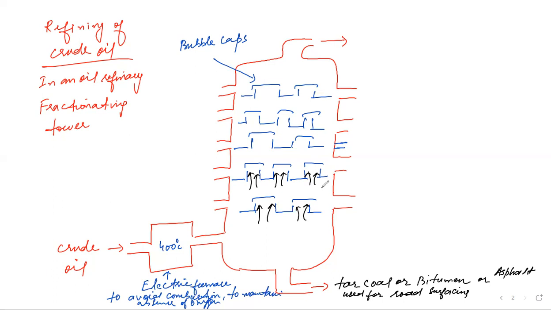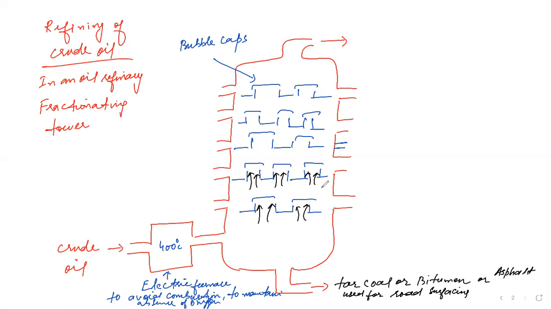When these vapors move upward, their temperature will be decreasing. And when the temperature decreases, these gaseous fractions will start condensing gradually, whenever they reach their condensation or boiling point.